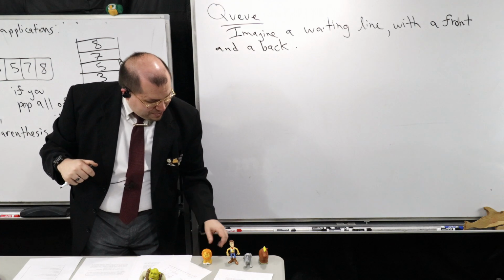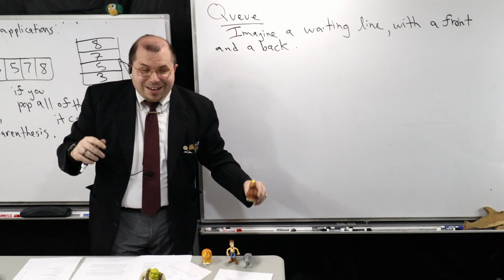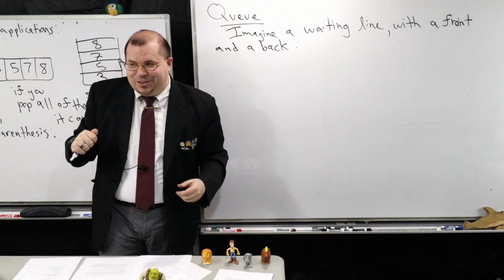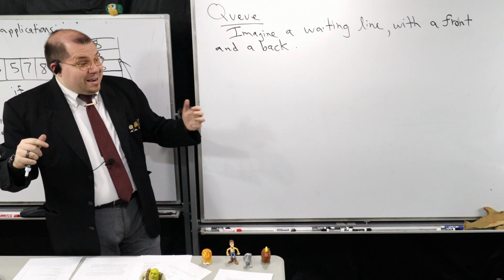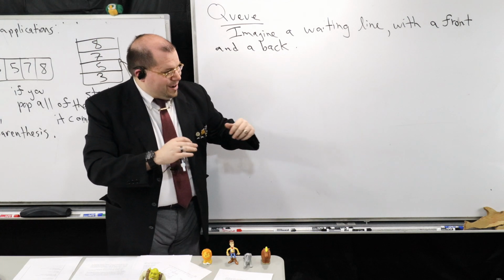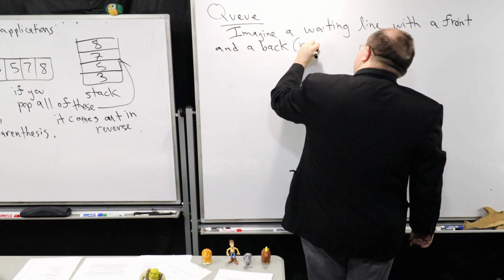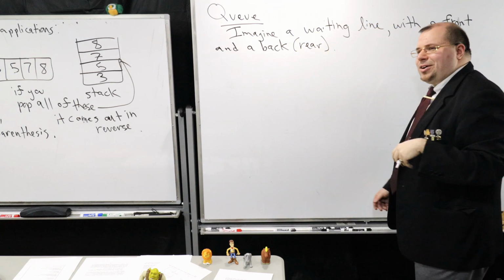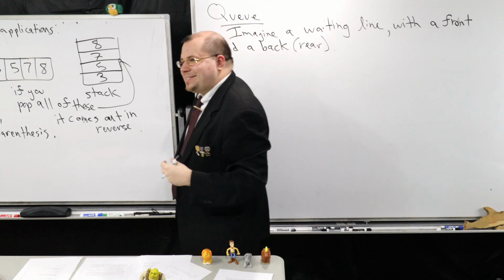But the whole idea here, and you know what this is like, right? You've done this probably several times in your life, where you're waiting in a line to get served something. That's what a queue is. A queue has a rear and a front. So I'll refer to the back as a rear. I'm not talking about the horse's rear. I'm just talking about the rear of the line.